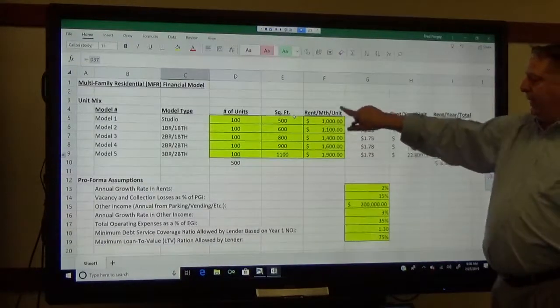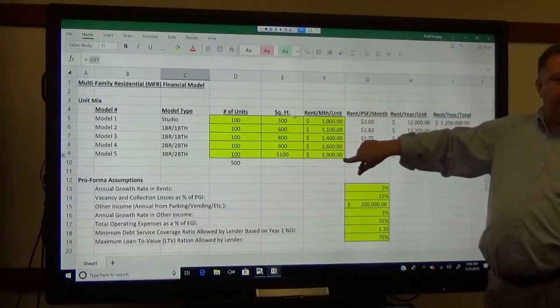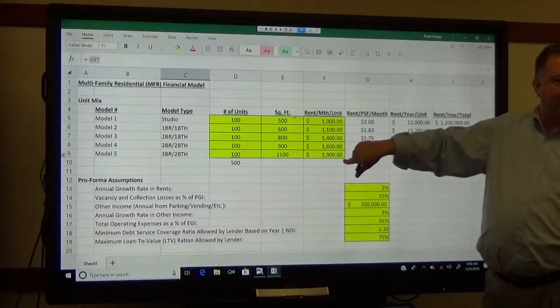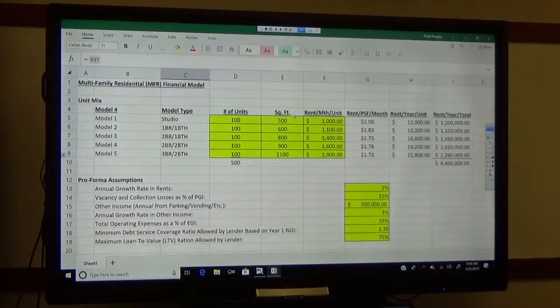And then ultimately, what does that translate into in terms of the monthly rent for each of those unit types, and what explanation can you give to say the market in this particular area bears $2.50 per square foot for this particular size of unit, and be able to justify that. Does that make sense, everybody? Those are the kind of questions you're going to get.